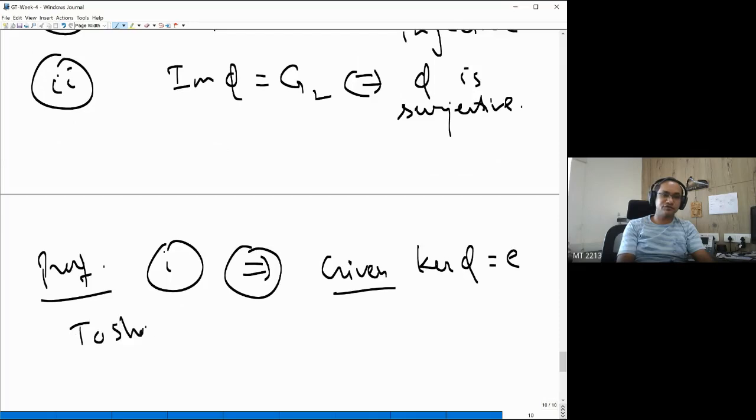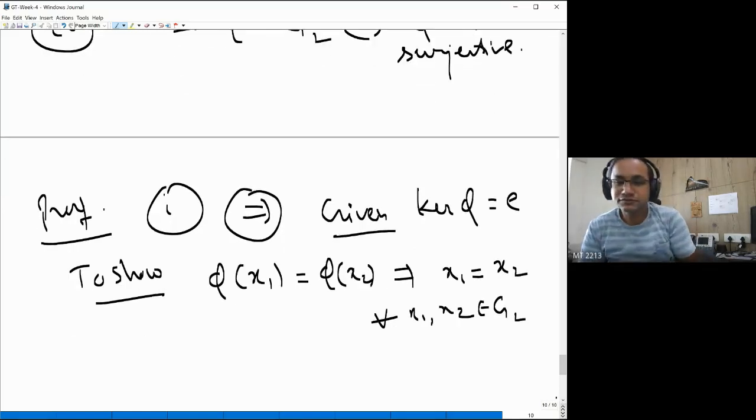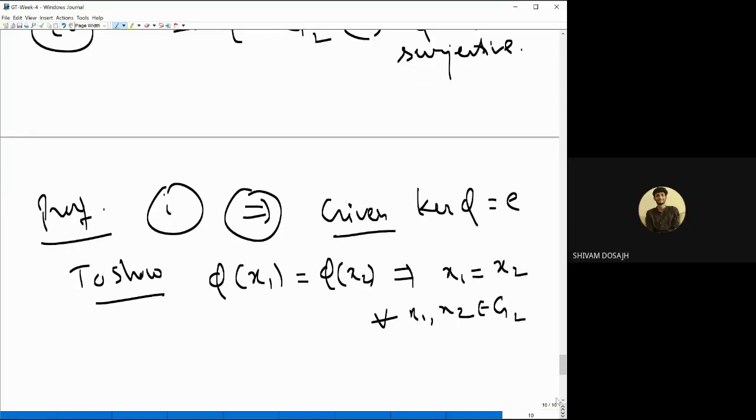How do I show phi is injective? If phi of some x1 is equal to phi of x2, then this would imply x1 is equal to x2 for all x1, x2 in G1. Is that correct? Yes, sir.